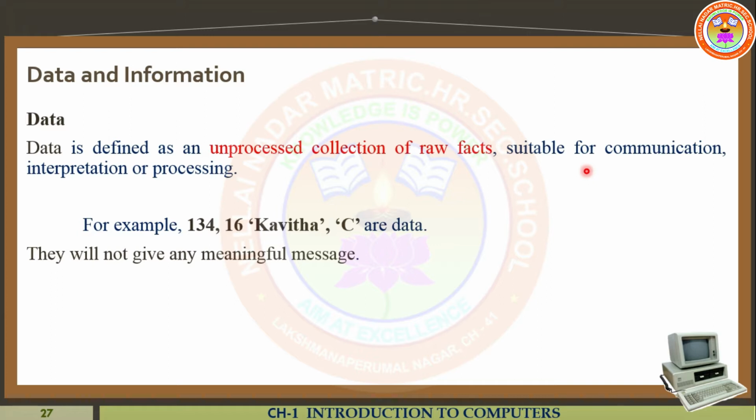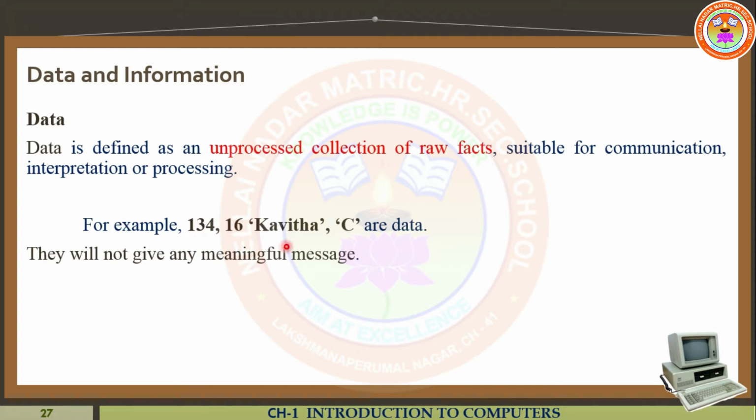Okay. For example, here I gave some examples. Here 134, a numerical value, and the next one 16. The next one I gave a name, a girl's name, right? And the next one, the alphabet C. So these are all considered data. Why? Because this is an unprocessed collection of raw facts. Does this have any meaning? You just read the example.